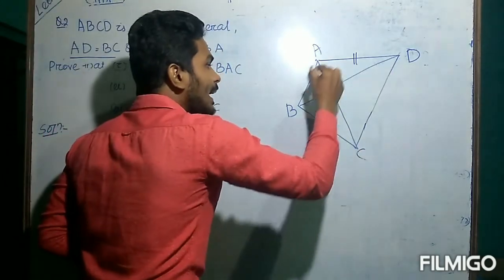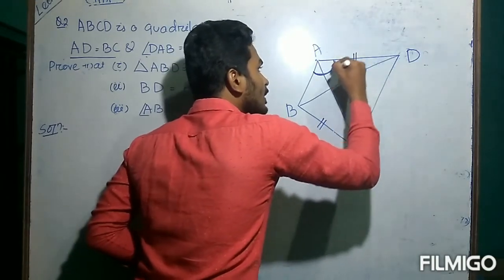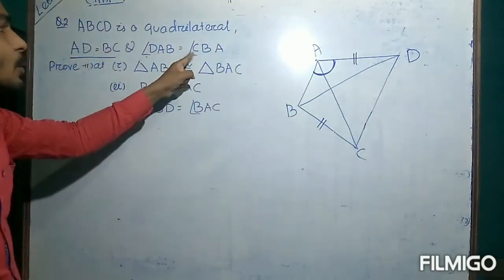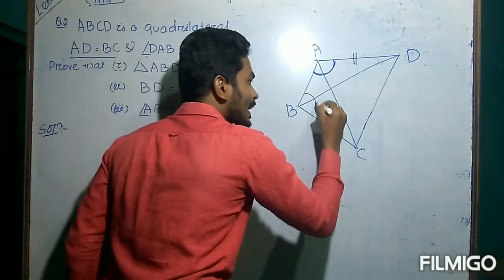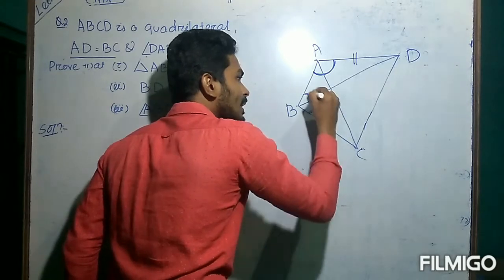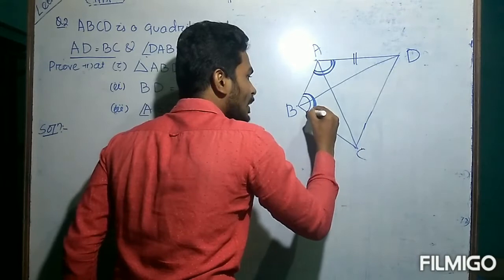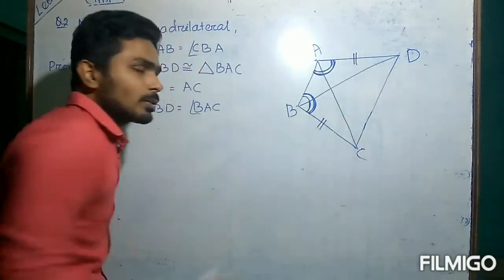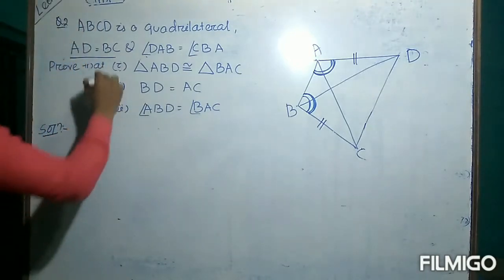Angle DAB means this angle, which is equal to angle CBA. CBA, which angle? This angle. So it is given that this angle is equal to this angle and this side is equal to this side, and from this data you have to prove 3 statements.